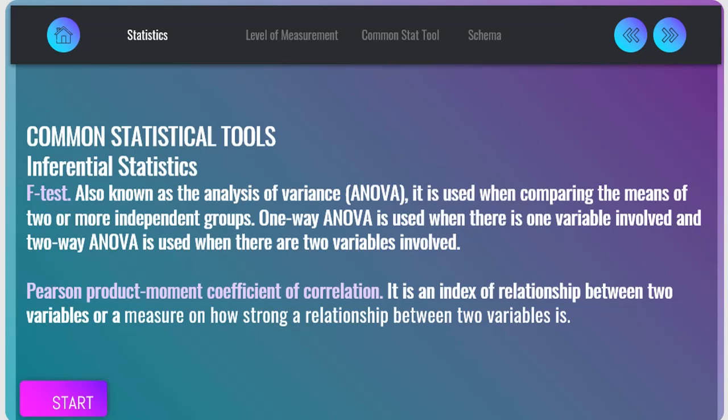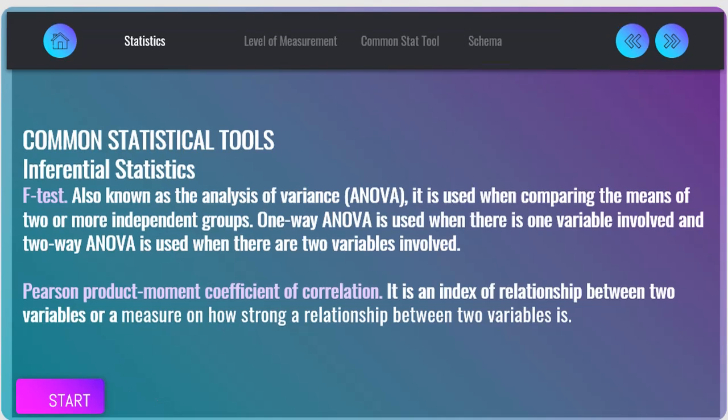Another is a manufacturer that has two different processes to make light bulbs. They want to know if one process is better than the other. And another example, students from different colleges take the same exam. You want to see if one college outperforms the other.